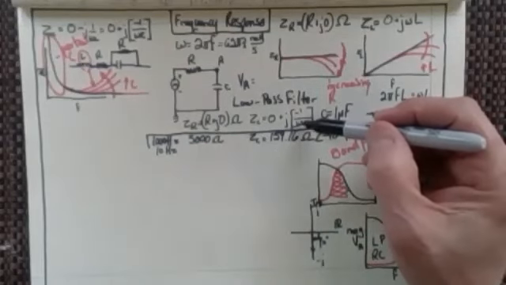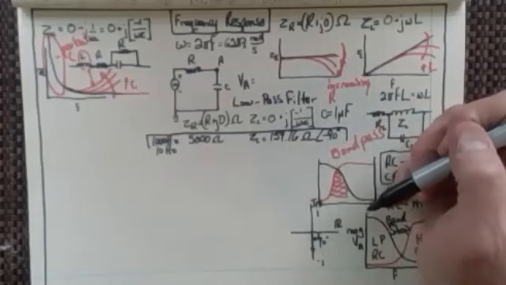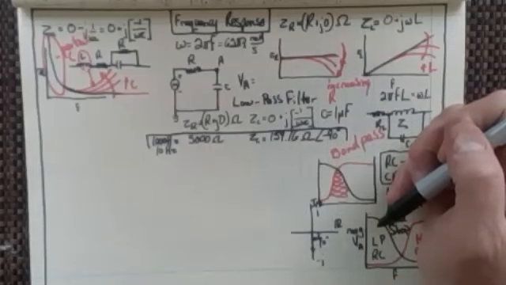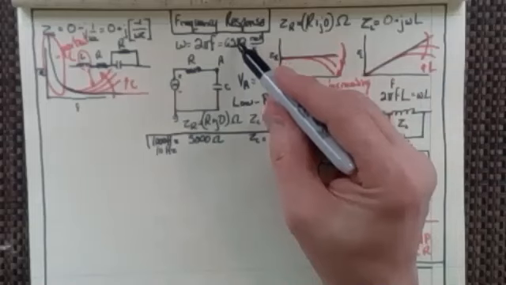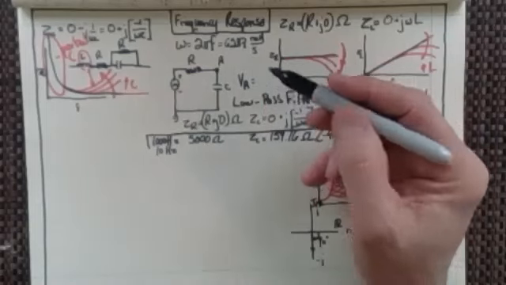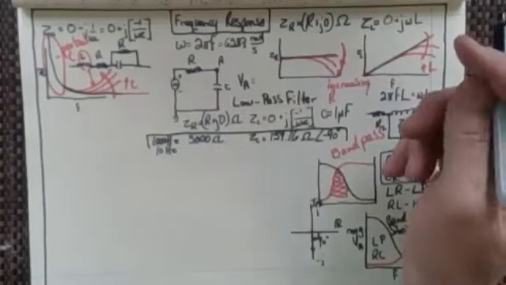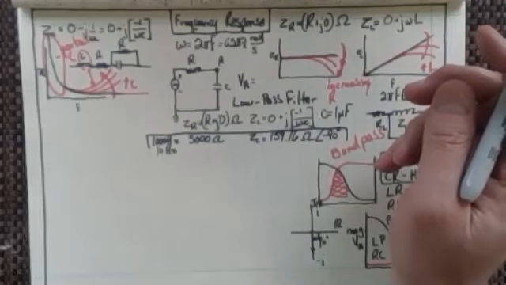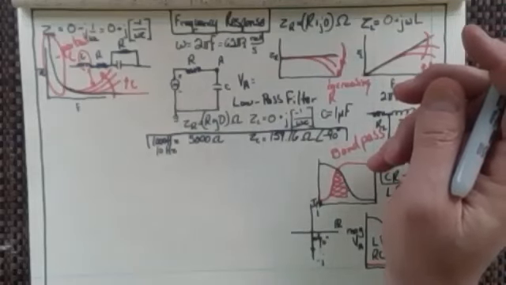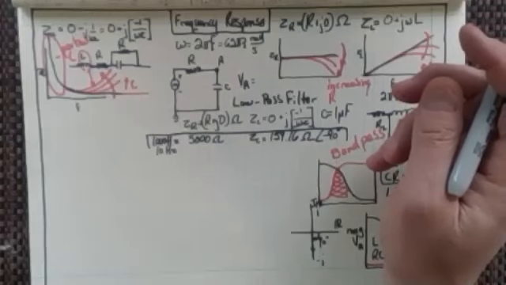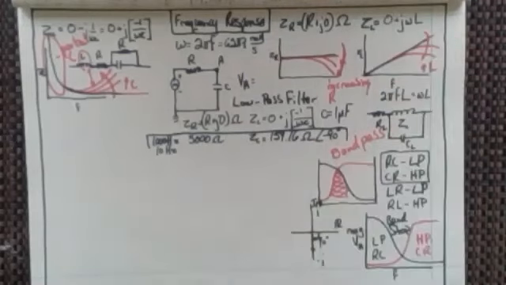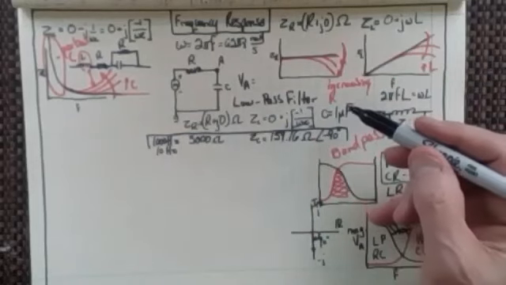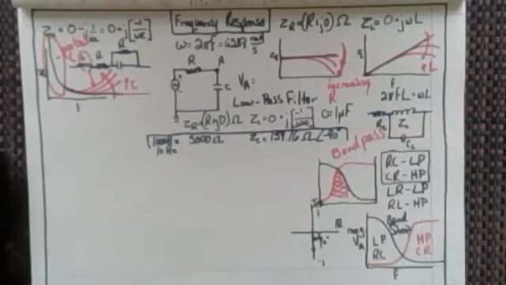So at 10 hertz, this is going to be 62,800. Oh, wait, no, I'm sorry. It's going to be 6283 radians per second.